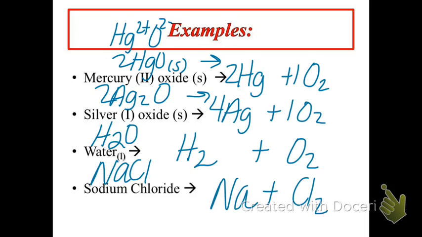And I didn't balance those last two. So let's see, you need 2 there, 4 there, 1, and 2 there, 2 there, 1. Okay? So there are your examples of your decomposition reactions. Okay?